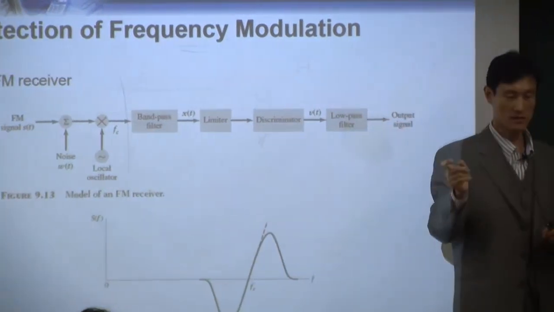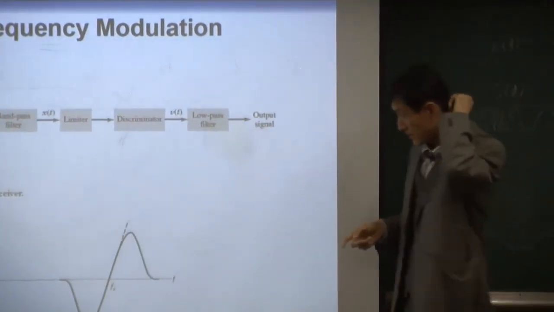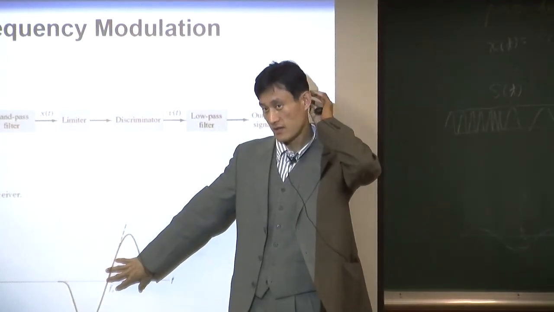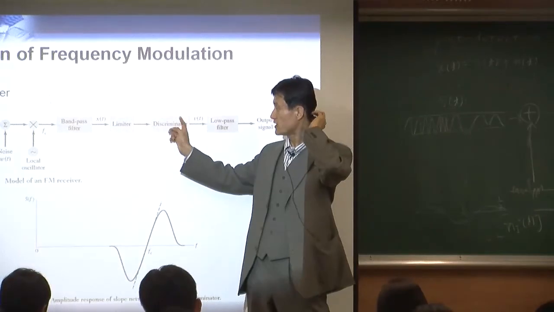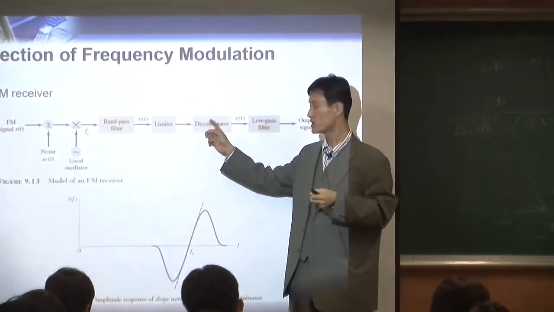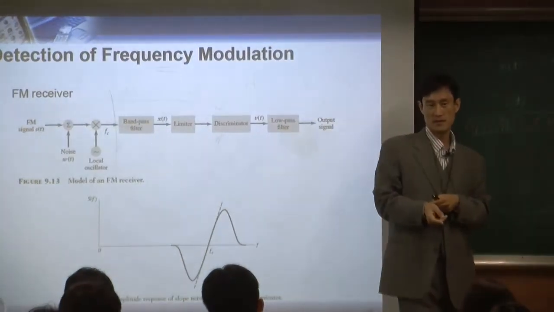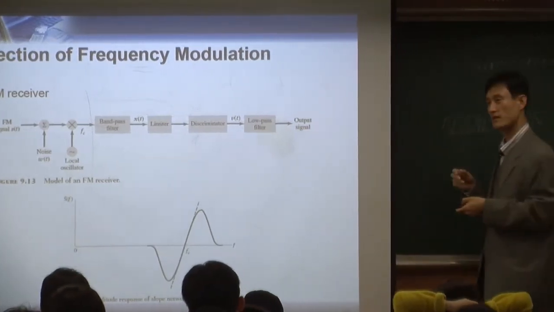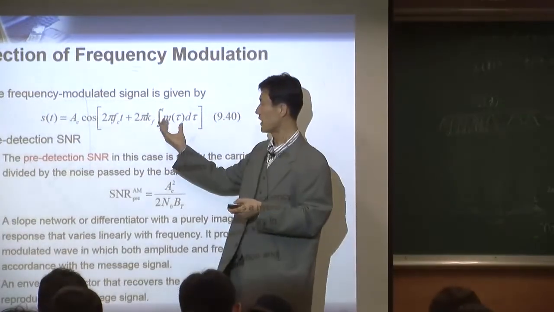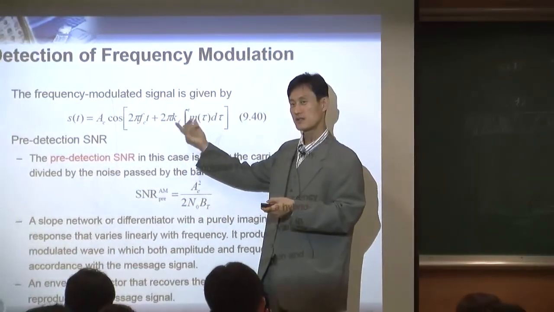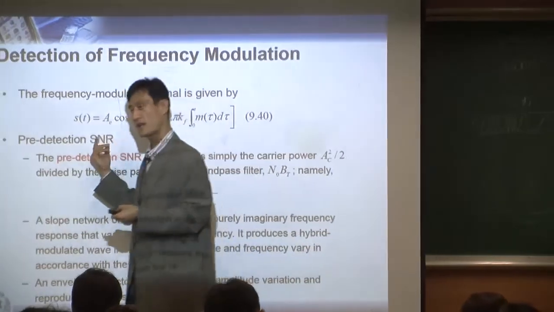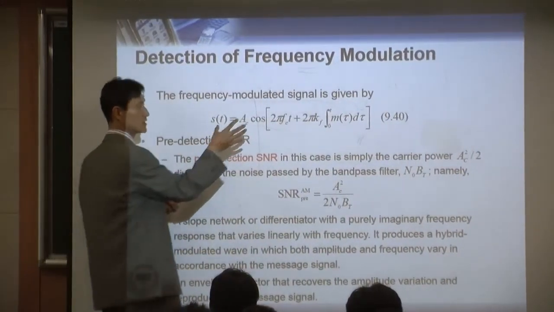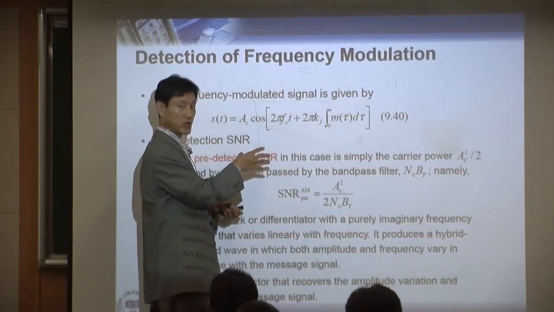What is the discriminator? This is a kind of discriminator. And what is the mathematical function of the discriminator? That's a time derivative. Remember how to get this message? This is ST, right? We learned the FM. And how do you demodulate the FM? Take a derivative with respect to time.